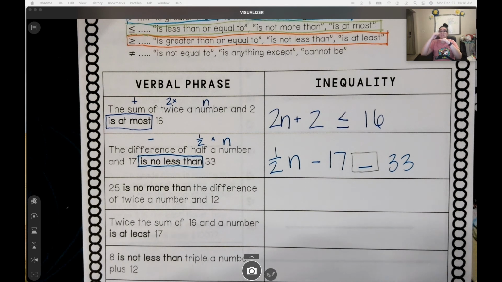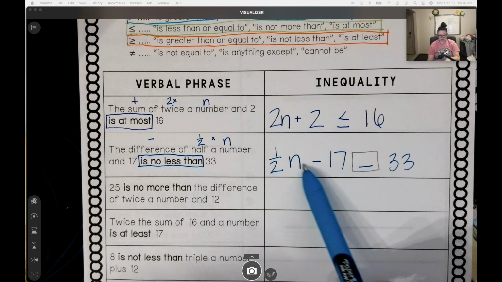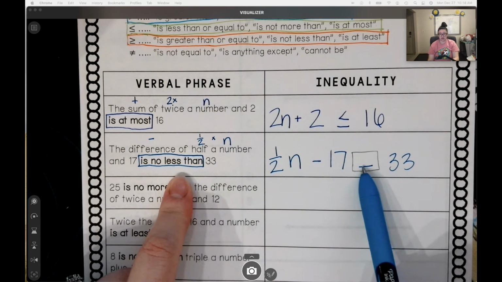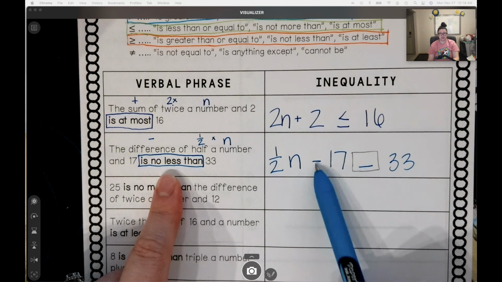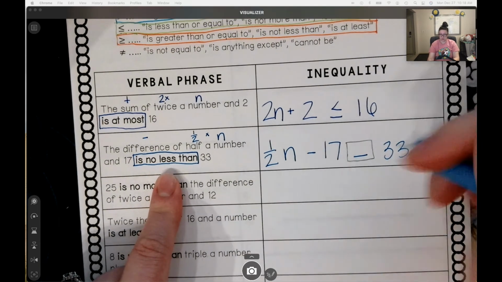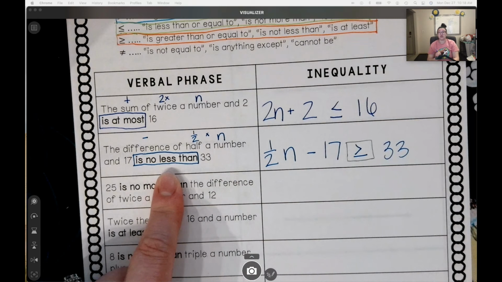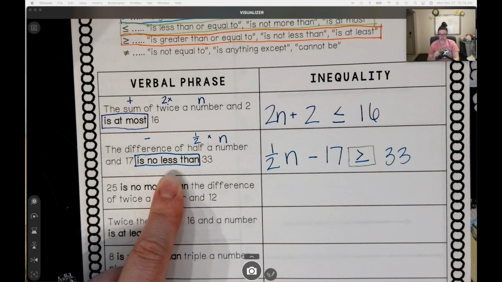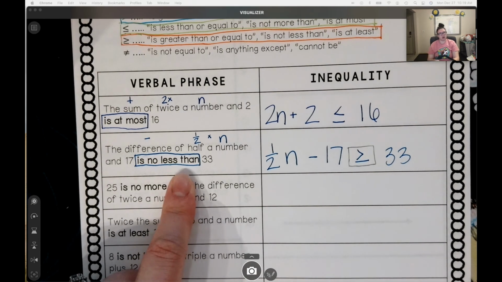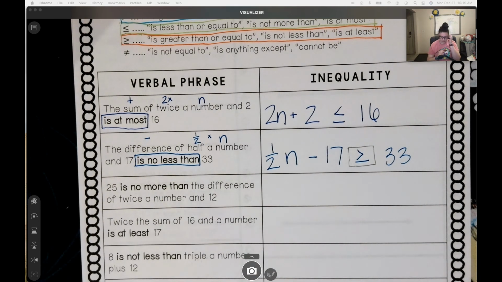It can only be bigger than 33. So what symbol should go here if this side cannot be smaller than 33? The greater than or equal to sign. It can be bigger than 33, that's okay. It can equal 33, but it cannot be smaller than 33.